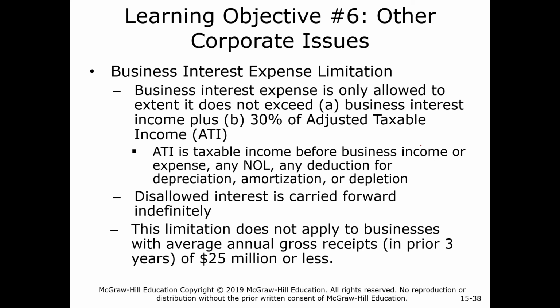So the interest expense is only allowed to the extent that it does not exceed business interest income, plus 30% of the adjusted taxable income. Adjusted taxable income is basically our taxable income modified by these items. The disallowed interest is carried forward indefinitely. It is not applicable to businesses that have 25 million of annual gross receipts or less.